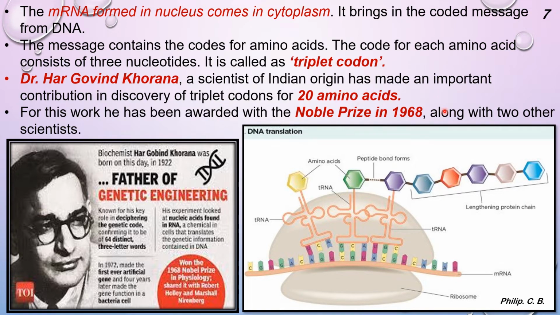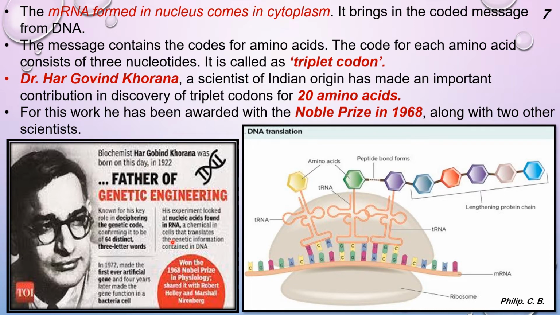Now students, there are totally 20 amino acids in the truest form. Otherwise, there are in all 64 codon combinations. So we always come across 64, but in general, there are 20 amino acids. For this work, he was awarded the Nobel Prize in 1968, along with two other scientists he was working with.